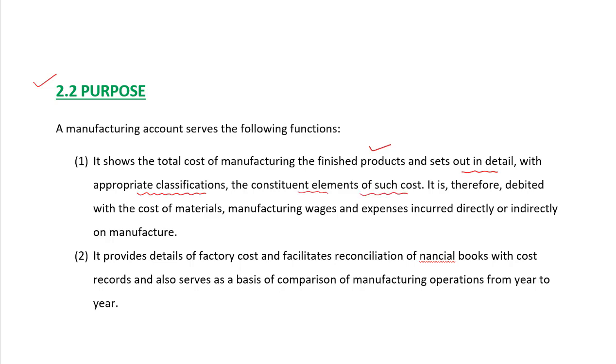It is therefore debited with the cost of material, manufacturing wages and expenses incurred directly or indirectly on manufacture. Second, it provides details of factory cost and facilitates the reconciliation of financial books with cost records, and also serves as a basis of comparison of manufacturing operations from year to year.